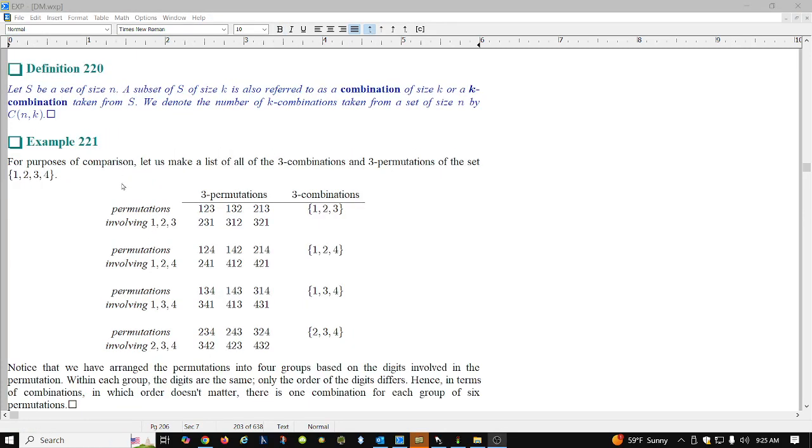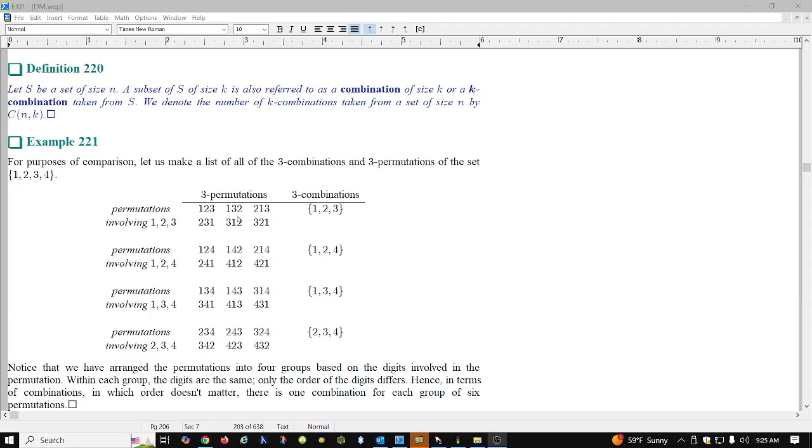For purposes of comparison, I'm going to make a list of the permutations and the combinations of a given size. So let's take the underlying set 1, 2, 3, 4. The permutations of size 3 that involve the elements 1, 2, 3 are these 6 right here.